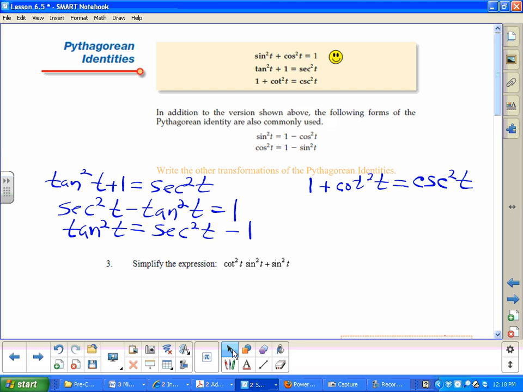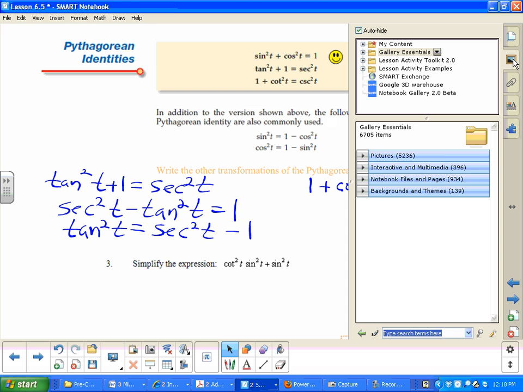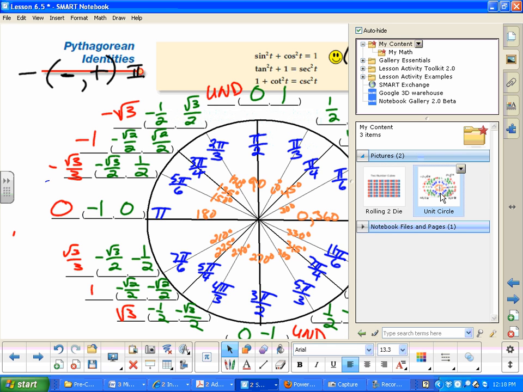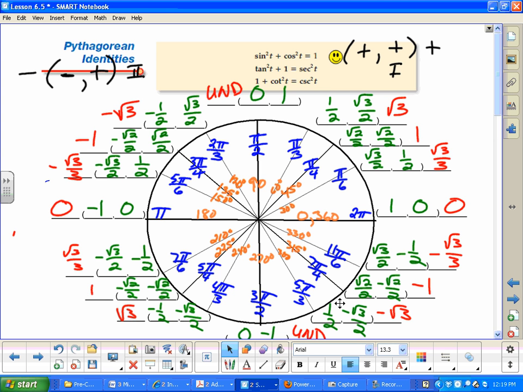In other words, if you take any point on the unit circle and you square them and add them together, they equal 1. Right? So I want you to try that.